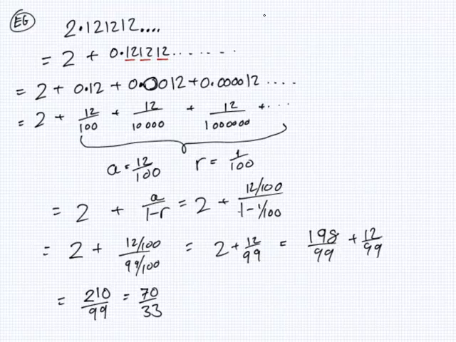Why can't we do the algebra? The algebra way. Put 2.12 equal to x, and then multiply x by 100. Oh, yeah, I know which method you mean now.